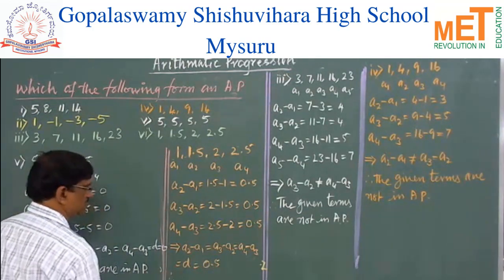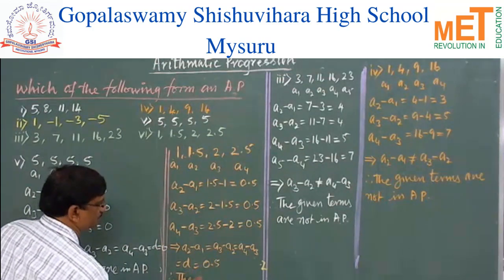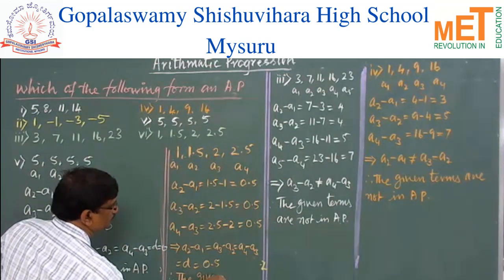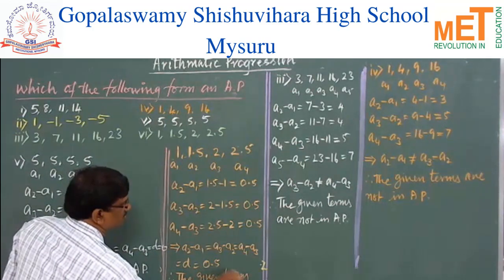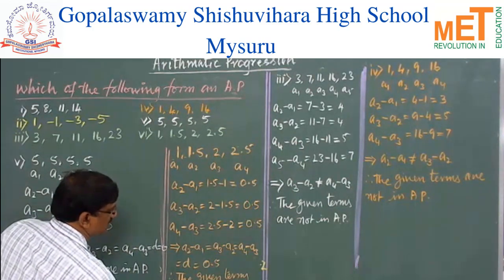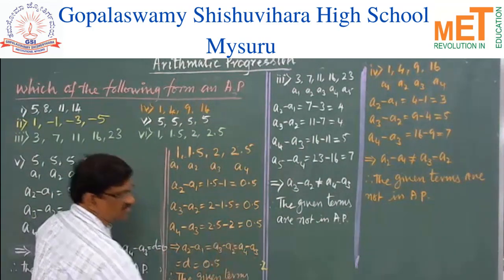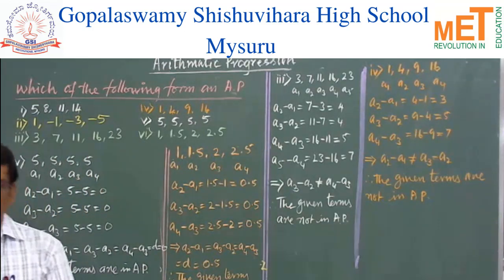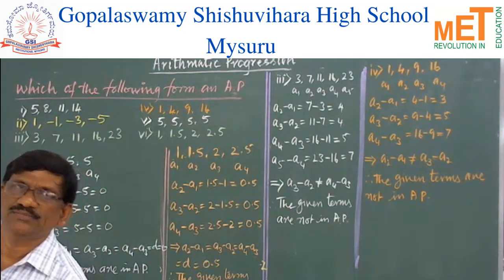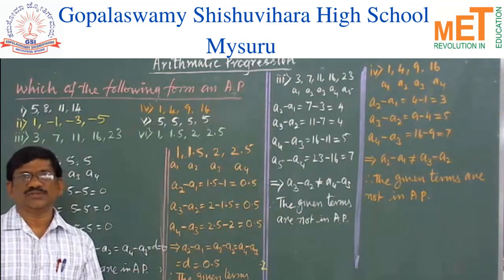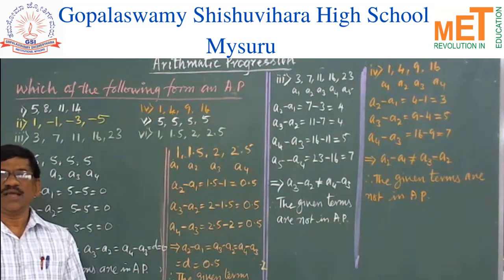Therefore, the given terms are in AP. So, did you understand, children? I think you have learnt how to find out whether the given terms are in AP or not.